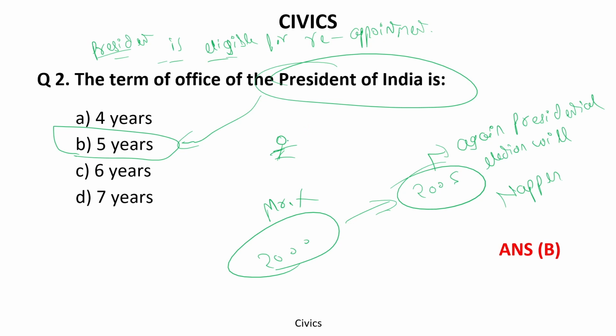If Mr. X served India from 2000 to 2005, he could participate in the elections of 2005, and there are chances that he could be elected again. So remember these details. And this 5-year tenure is mentioned in Article 56 of the Indian Constitution.